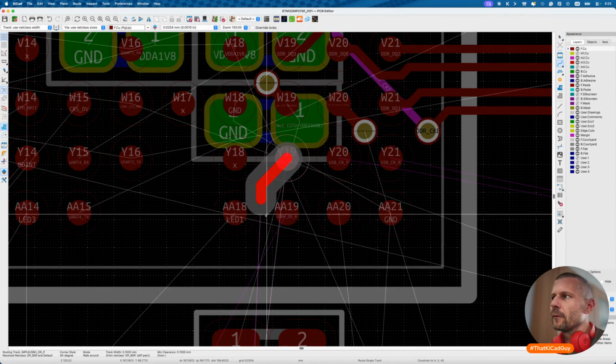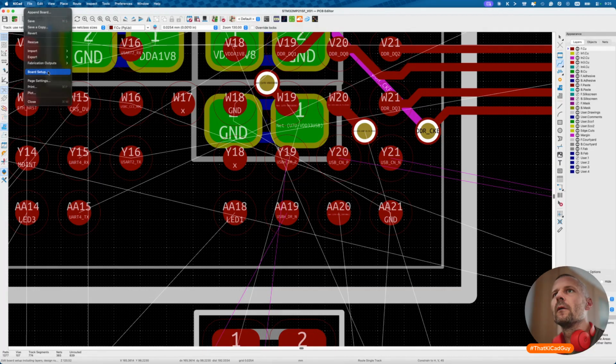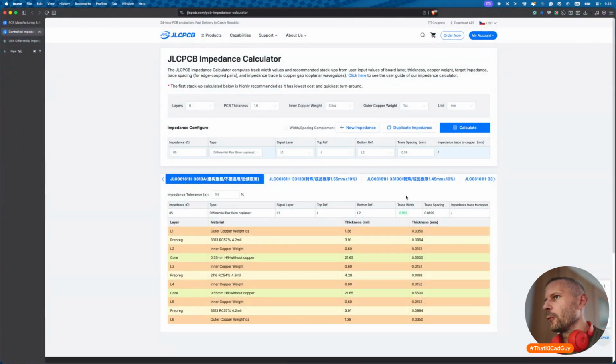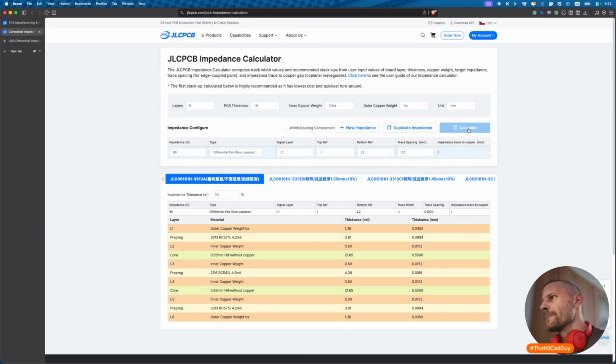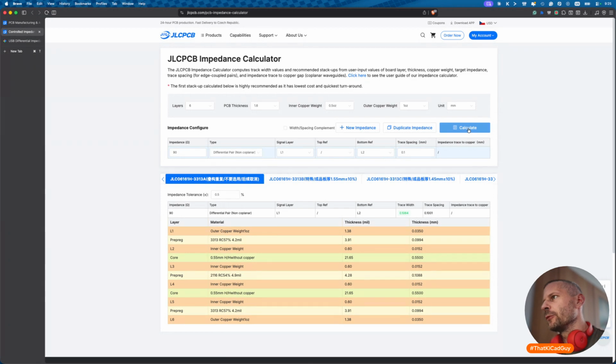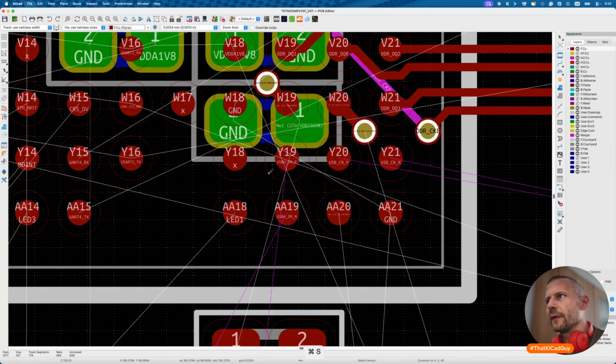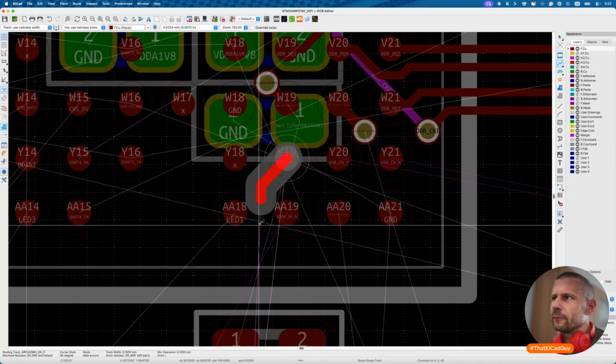Yeah, the gap must be narrower. 0.12, yeah, 0.1, it's not good. Still not good.